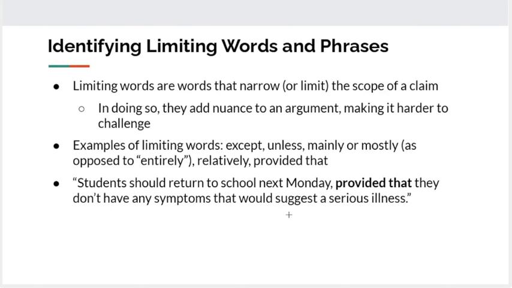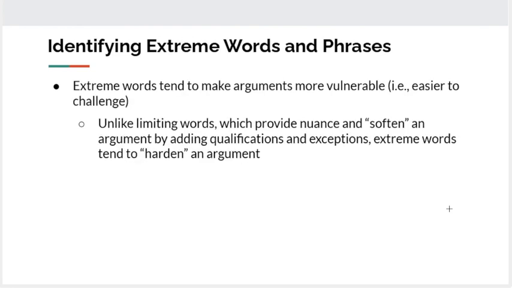It's not saying that all students should return to school next Monday, but all of them who do not show symptoms. Again, we'll talk more about how these function in the context of actual questions as we go forward, but for now we can contrast limiting words and phrases with extreme words and phrases. Extreme words, in contrast to limiting words, tend to make an argument more vulnerable to challenge, or easier to challenge.